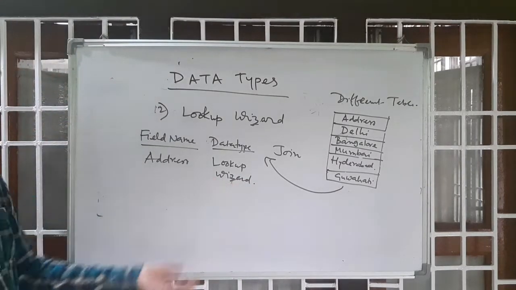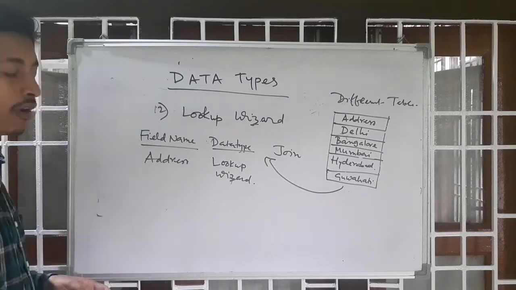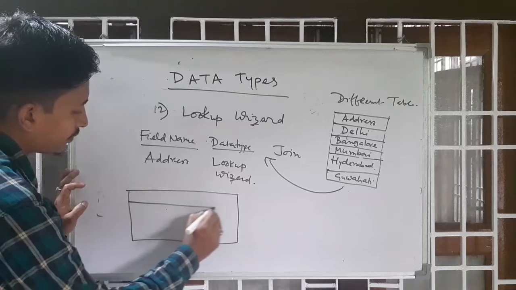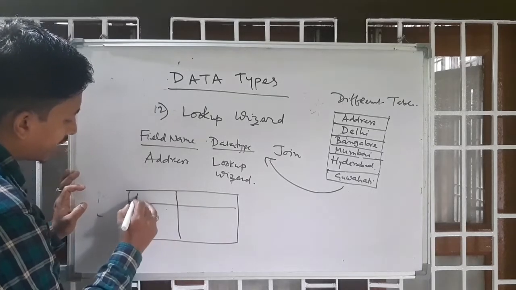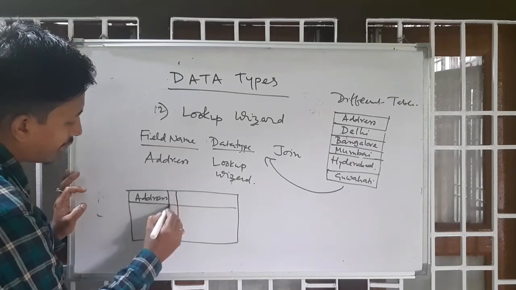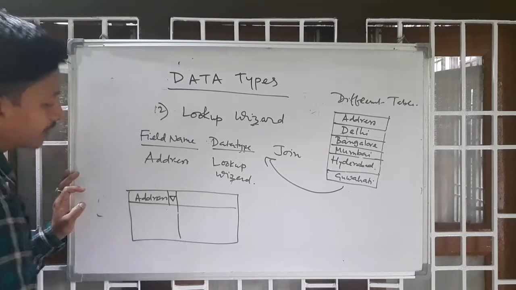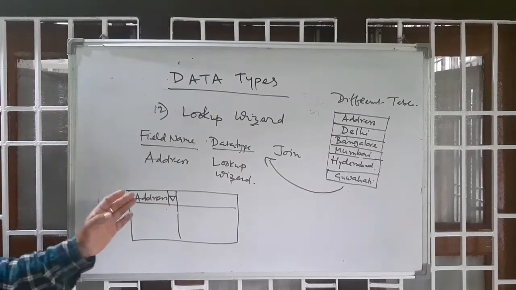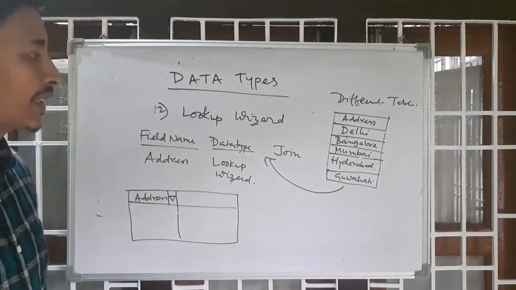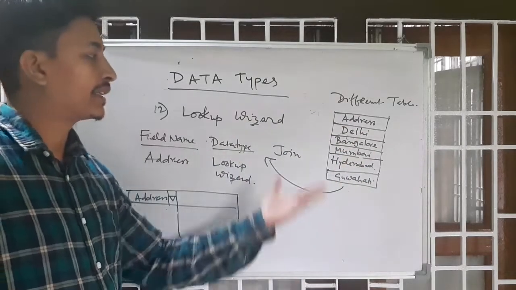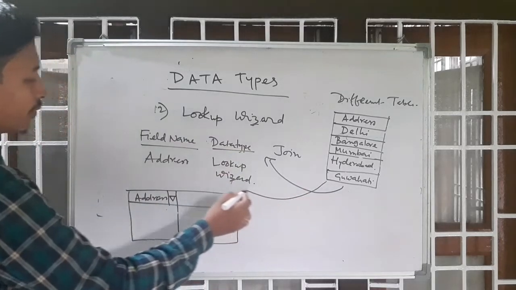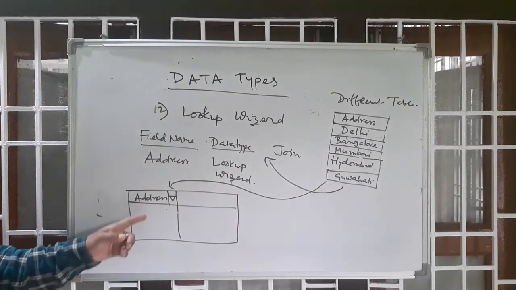When you're using lookup wizard, when you open your form, in the address field, there is an option coming here. Means you don't need to write Delhi, Bangalore, Mumbai, Hyderabad or Guwahati. It is already created in a different table. You just call this table or you can join this table with this field.